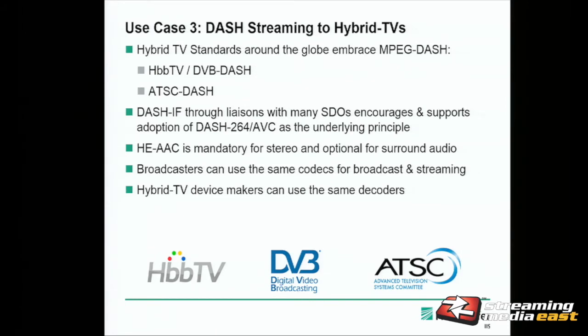In terms of audio, HE-AAC is mandatory for stereo in Dash 264 and one of the optional surround audio codecs. So broadcasters can use the same codecs for both the broadcast world and the streaming world. It's one of the promises of hybrid TVs. And so the same decoders that are built into the devices can be used for on-air and stream content.